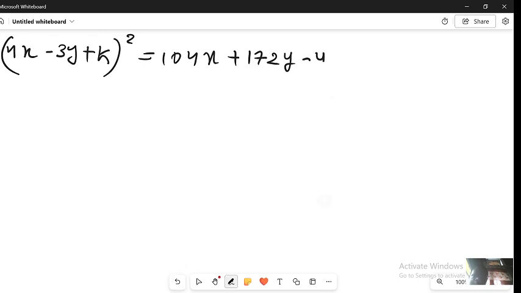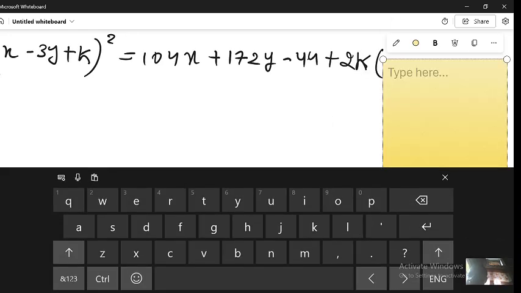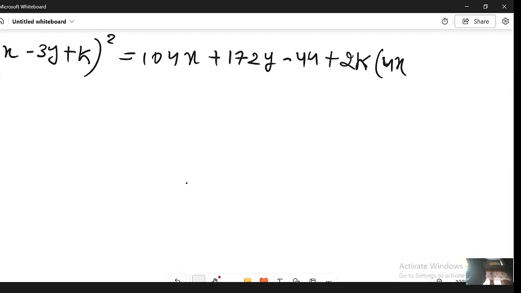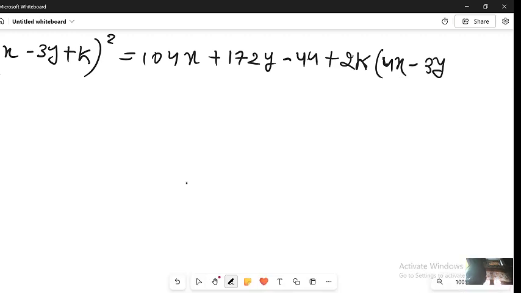Now if I develop this one, I will have this one squared, 4x minus 3y squared, that's the one that we had, plus 2 multiplied by this subtraction, plus 4k multiplied by k, 2k times 4x minus 3y, plus this one, k squared.